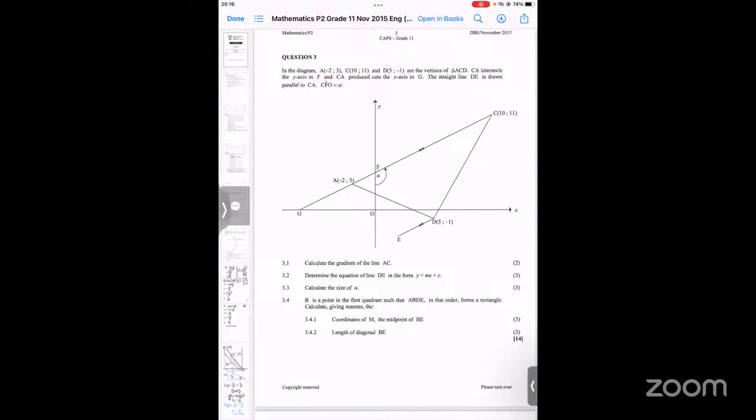Okay, let's see. This one is done. This one looks correct. It looks correct. Okay. Let's see. What happened?